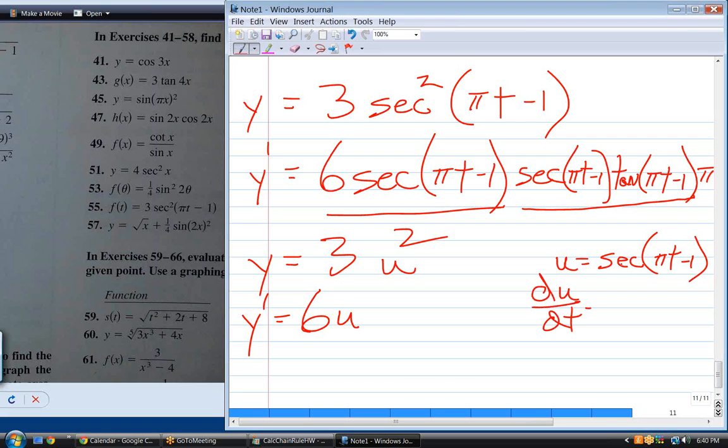Well, let's figure out what du dt is. Du dt is secant pi t minus 1 times tangent of pi t minus 1 times the derivative of the inside. So it's just 1 pi, like that. So we did it correctly.